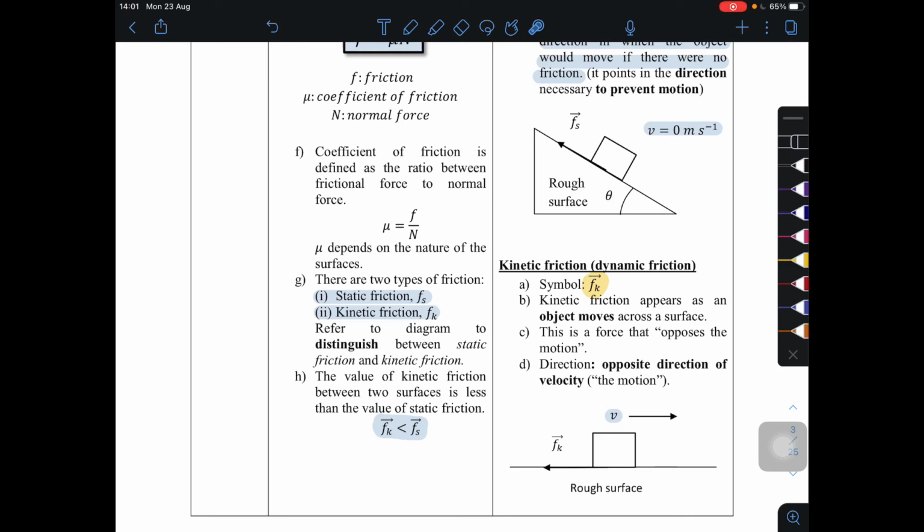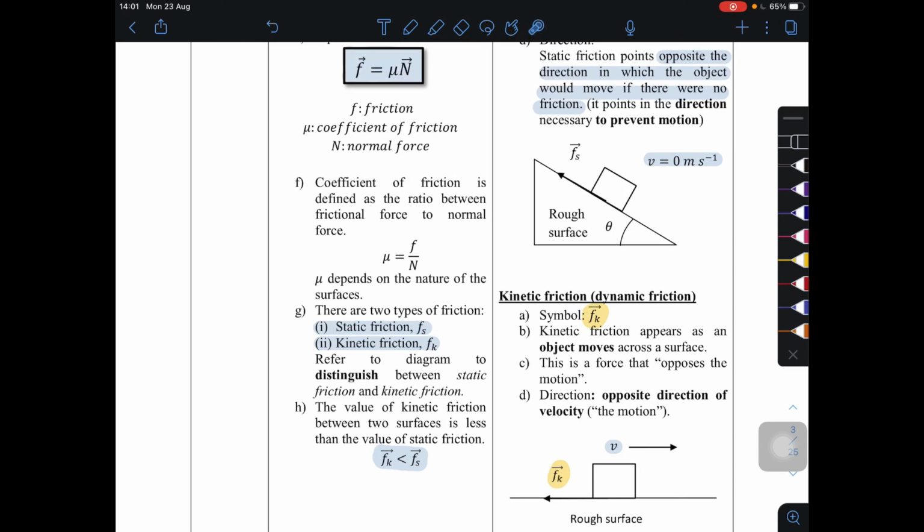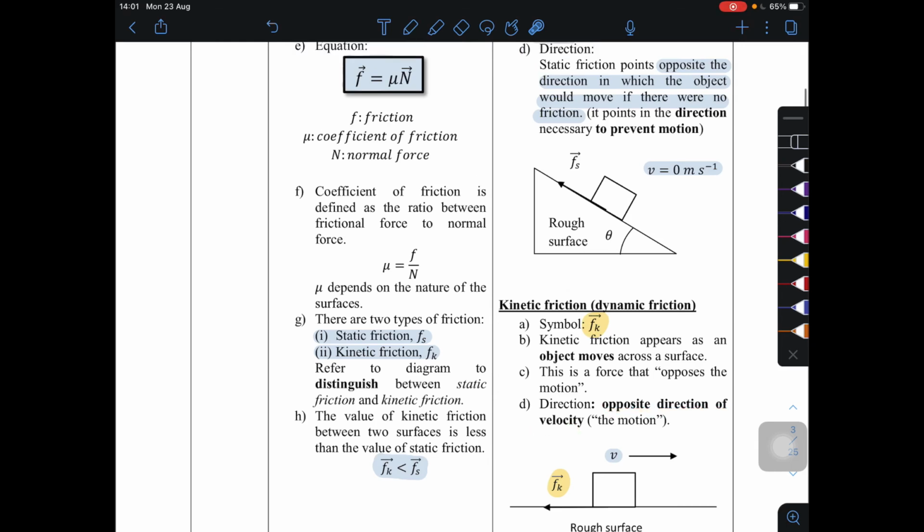So contoh kalau untuk surface yang horizontal saja, bukan incline, dia akan mention dekat sini V is going to the right, maksudnya dia akan bergerak ke kanan. So friction force for the kinetic one is to the left. So here Fk. Okay, so always remember untuk friction force mesti opposite direction of the velocity of the motion.